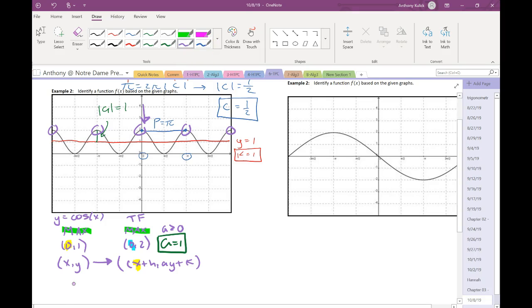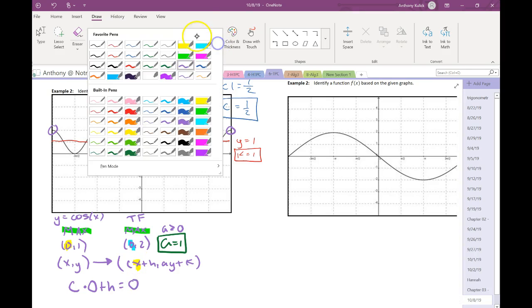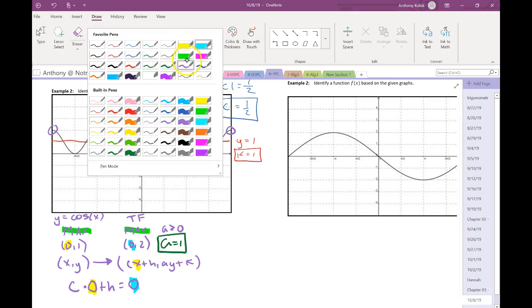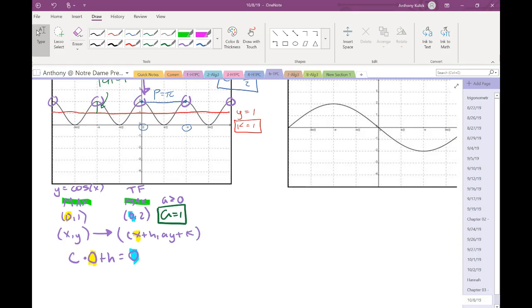So I have that C times 0 plus H should give me 0. Well, what's C times 0 equal? 0, right? What's 0 plus H equal? 0, or just H. So I'm left with just H equals 0.